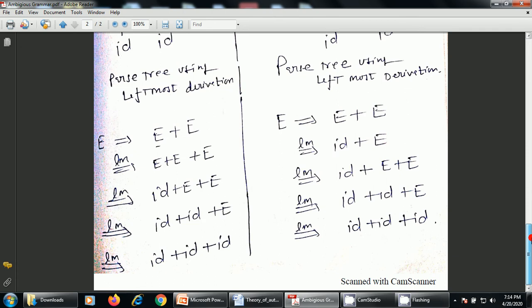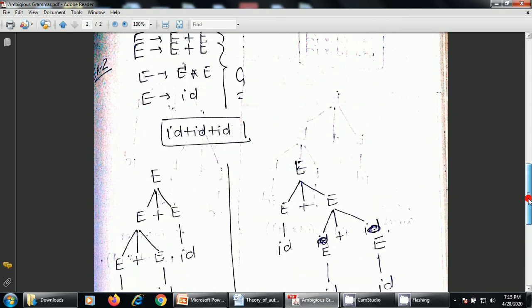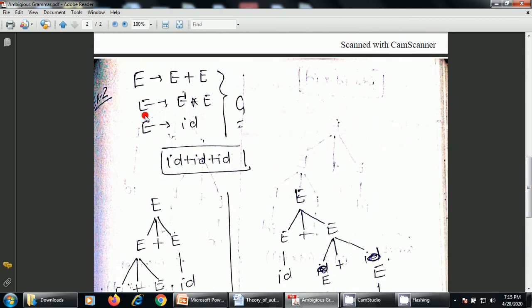So E gives id. In the next step, in place of capital E put id, which means id plus id is generated using this derivation, so we can say that this string is a sentence of this grammar.